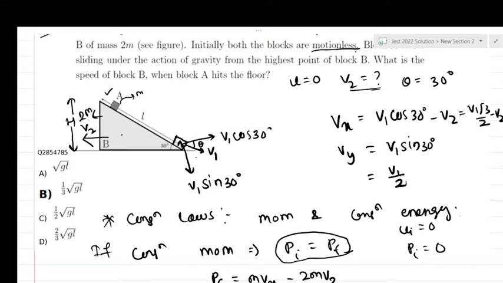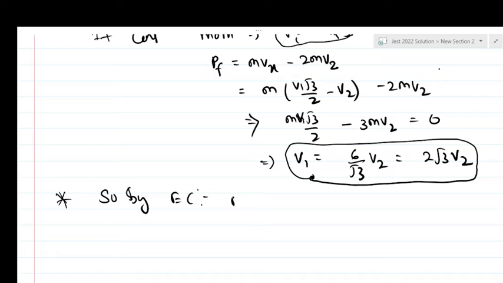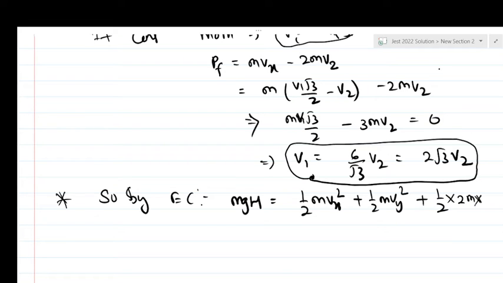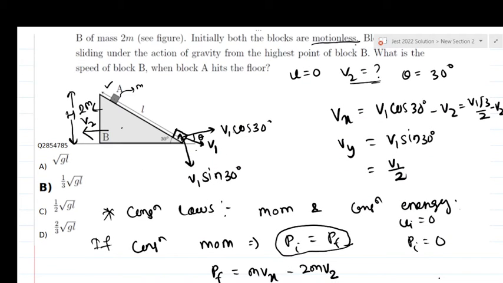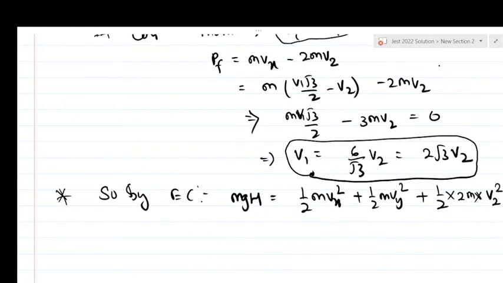Initially the smaller block is at a height h, so the initial energy will be its potential energy, and the final total energy will be due to the motion of blocks A and B. So I can write mgh equals half m Vx squared plus half m Vy squared plus half of the bigger mass, 2m v2 squared. For the smaller mass there are two components, along x and y, so the total energy I can write like this.